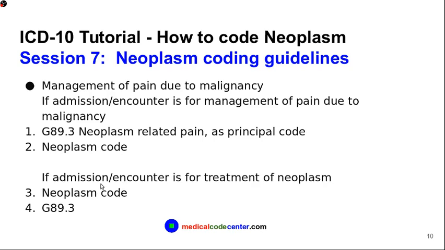But if the admission or encounter is for the treatment of a neoplasm, then you code the neoplasm code as the principal code, and the pain related to neoplasm will be the second code. So again, usually the reason for visit is the principal code. You have to list it first and then list the other codes.